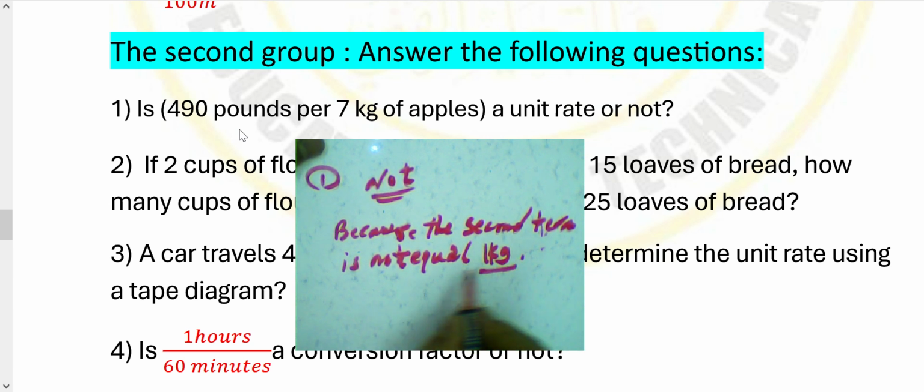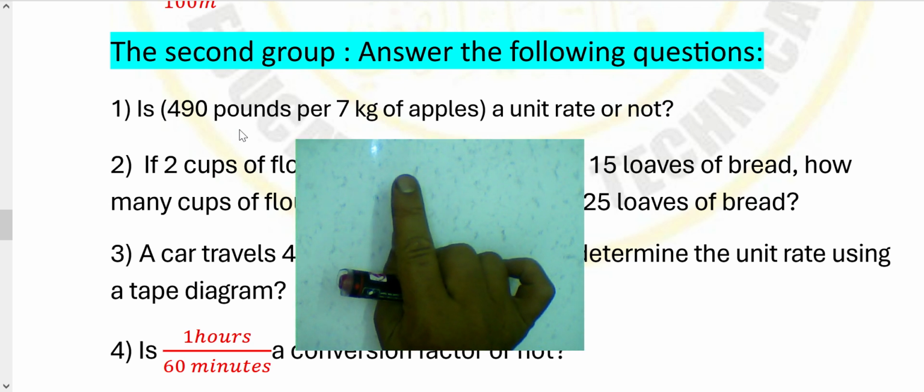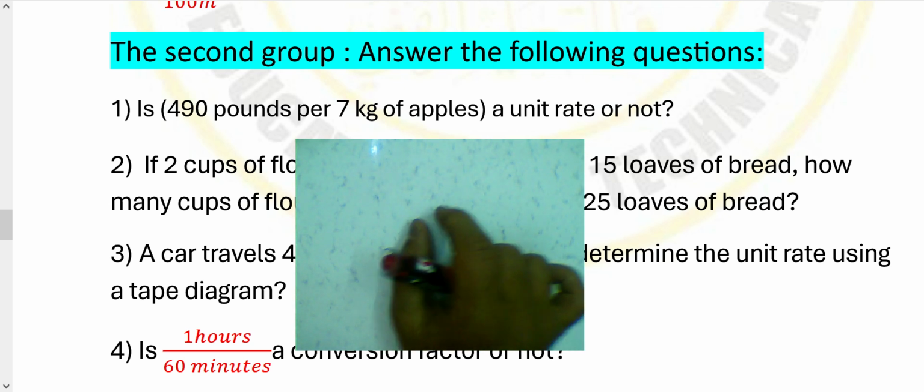For a unit rate, the second term must be 1, for example per 1 kilogram, not 7. Here 490 pounds per 7 kilograms is not a unit rate.